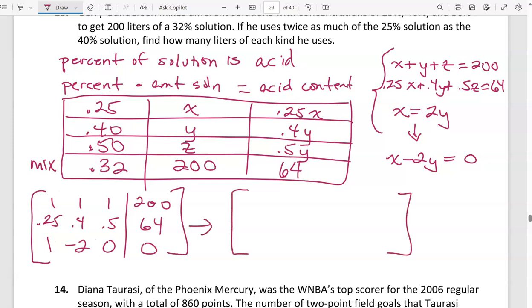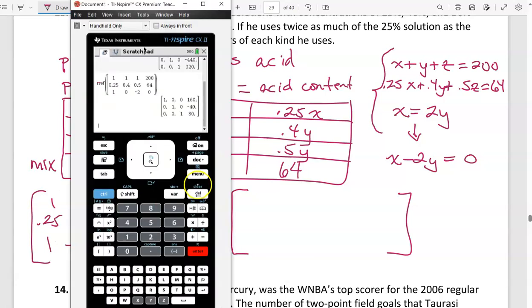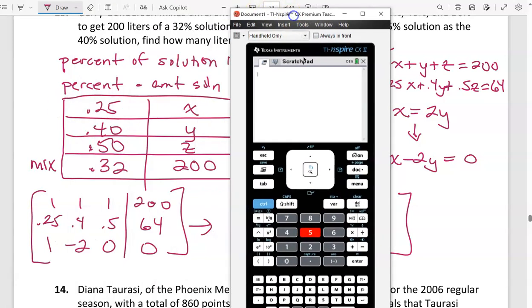Let's let our calculator give us the reduced row echelon form for that. So RREF, open parentheses, and insert a 3x4 matrix here. 1, 1, 1, 200 across the top, 0.25, 0.4, 0.5, 64 on the middle row, and 1, negative 2, 0, 0 across the bottom row.